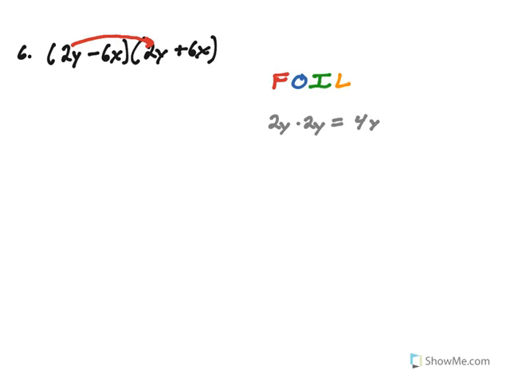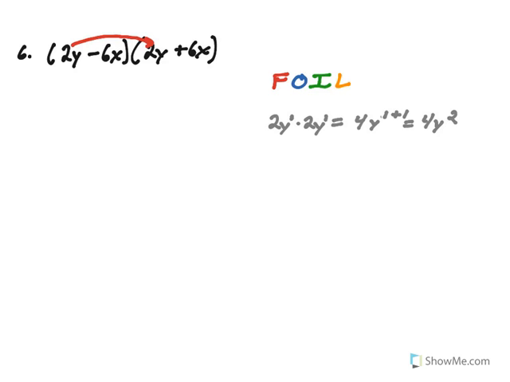And then for y, we're going to add the two exponents. I'm sorry, why did I say that? The invisible exponents are 1 here and 1 there. So when you add the exponents, 1 plus 1 is 2. So 4y to the second power. That's what I meant to say.